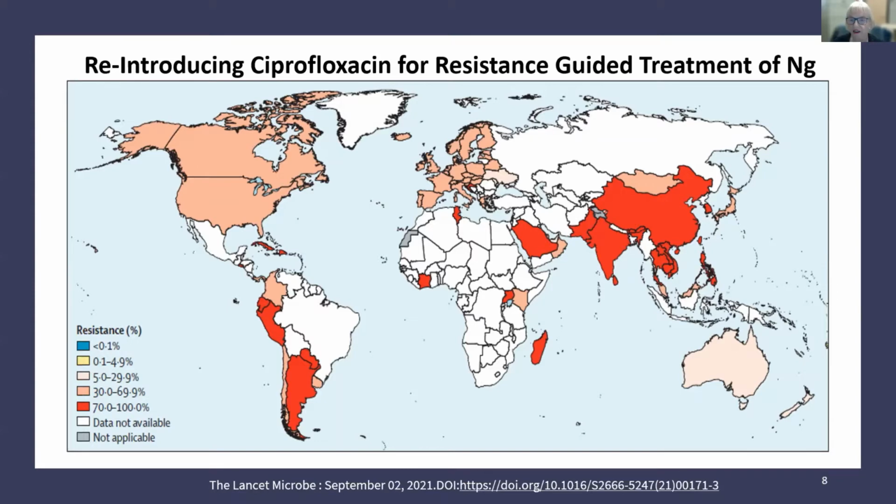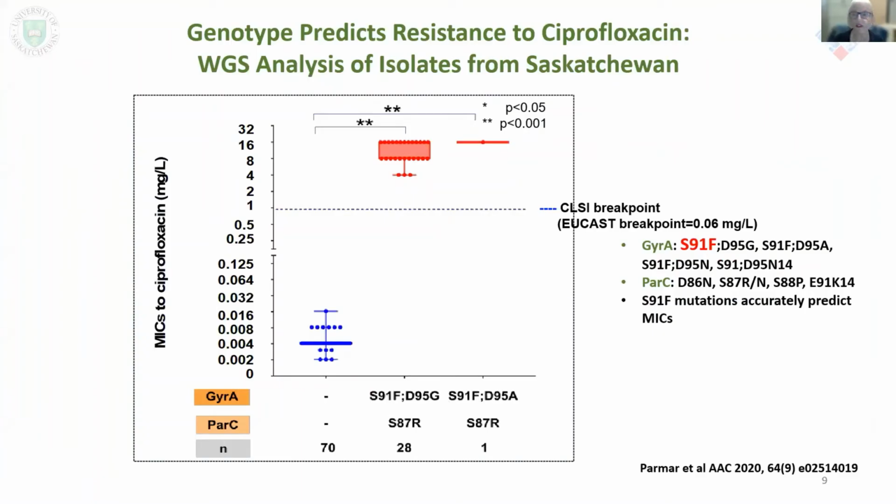And the pink areas are 30 to 69% resistance. Now that might seem terribly high, but in fact, it also means that anywhere from 40% and up of the isolates might be susceptible to ciprofloxacin, in which case one could recycle this older antibiotic. Many, many studies have shown that genotype predicts resistance to ciprofloxacin.